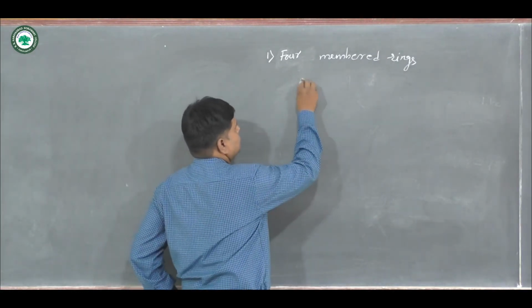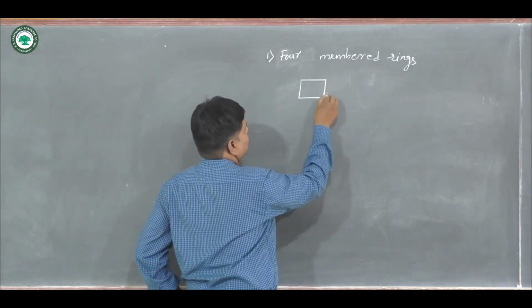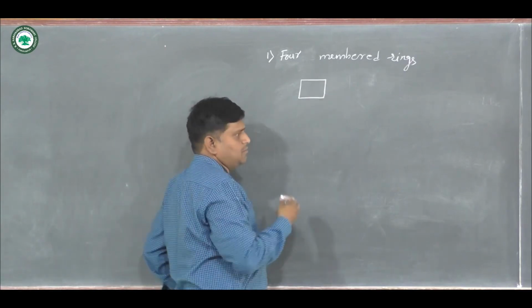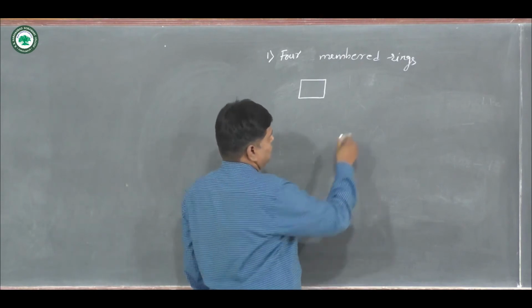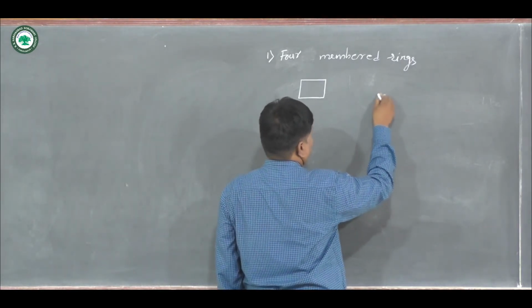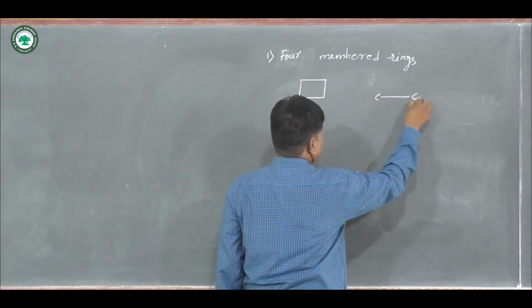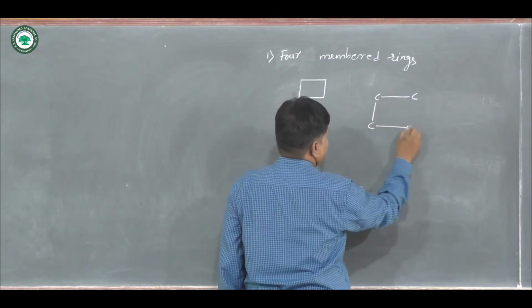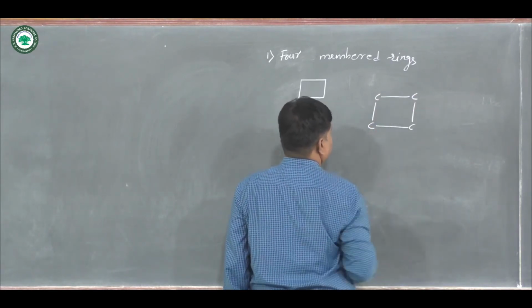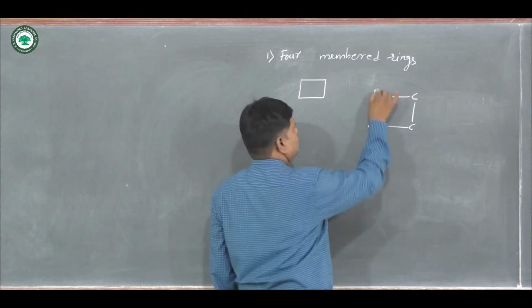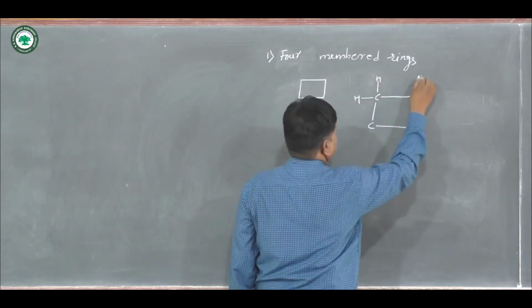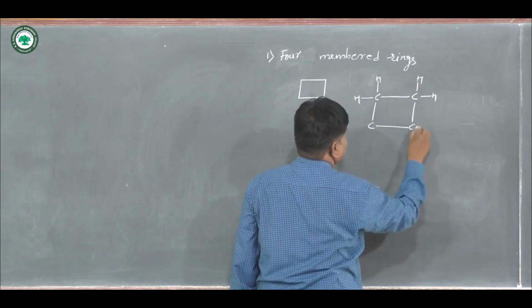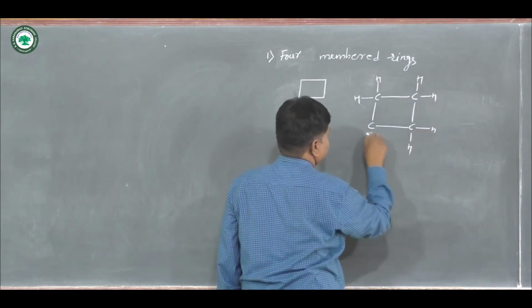When we see the structure of the four-membered ring system, it is somewhat square-like, and when we draw a clear-cut structure with the carbons, this type of structure we have seen. Okay, these are the protons. Suppose these are the hydrogens present on that four-membered ring system.